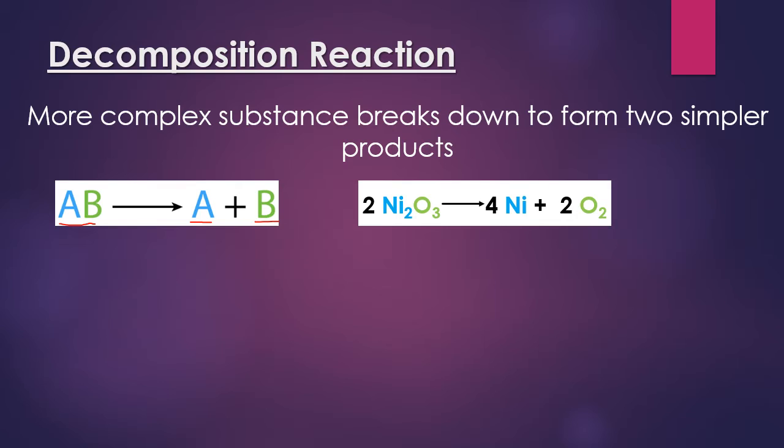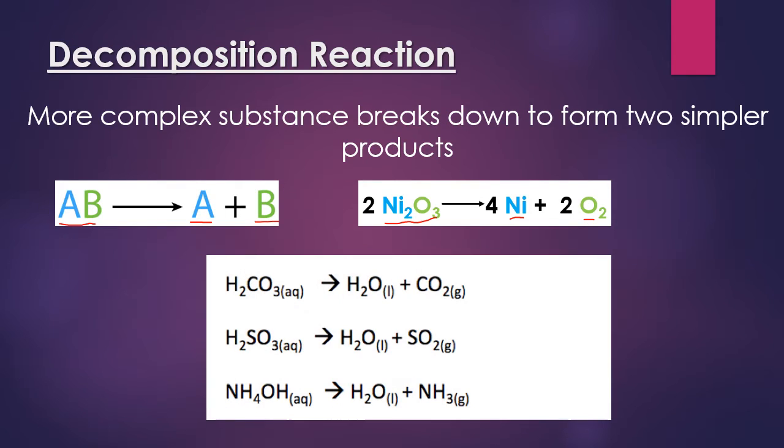Right, so the example shown here is nickel 3 oxide breaking apart to form nickel and oxygen, so into its elemental form. The other examples that I have down here are some different acids that are decomposing in decomposition reactions.